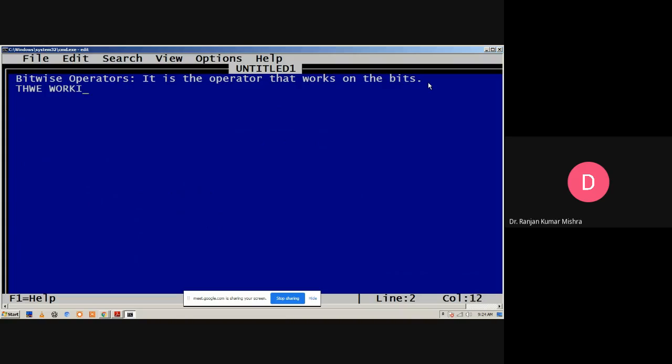The working of bitwise operators is totally based upon the different gates in digital electronics.